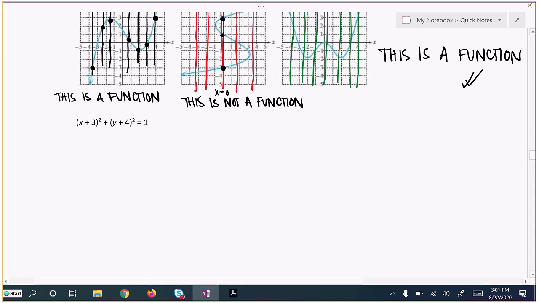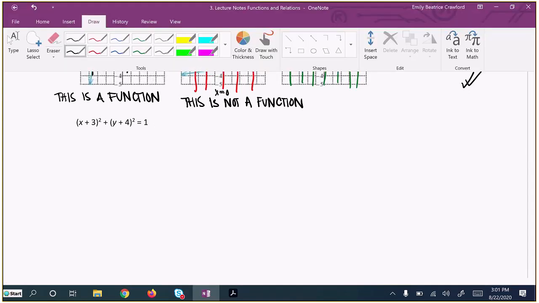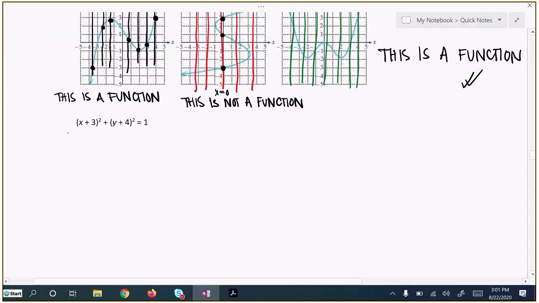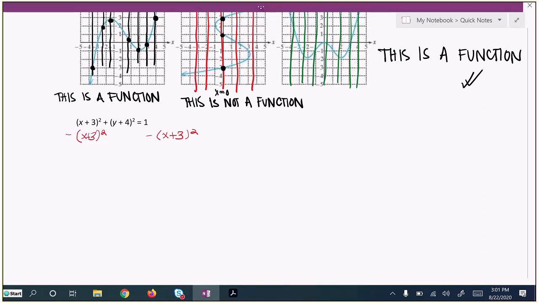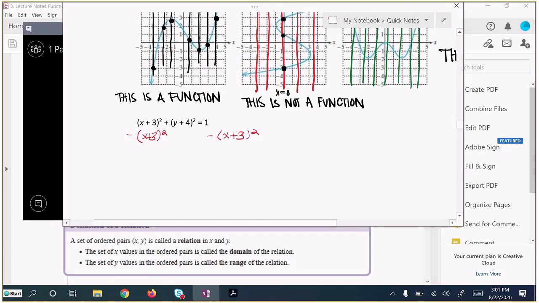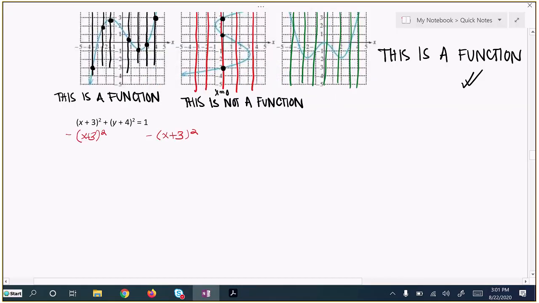So I'm going to start by subtracting this whole term, (x+3)². I don't have to expand anything. Just subtract this entire term from both sides. And that's going to give me, on the left side, (y+4)², and on the right side, 1 − (x+3)².